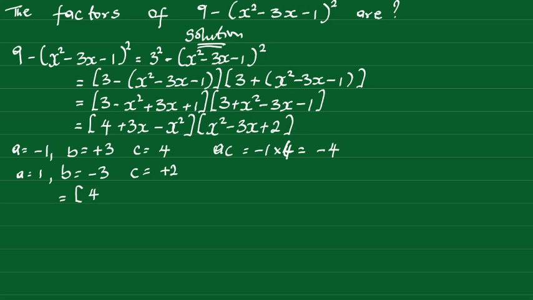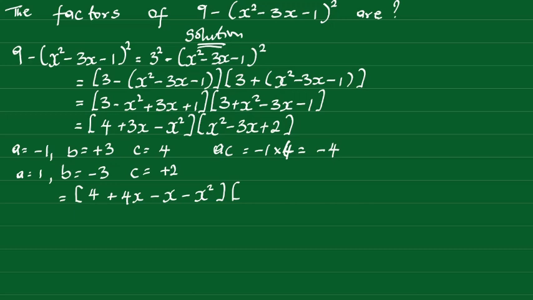These two factors are plus 4 and minus 1, because plus 4 times minus 1 gives us minus 4, while plus 4 plus minus 1 gives us plus 3. Hence, we end up having 4 plus 4x minus x, which is the same thing as minus 1x minus x squared. That's in our first bracket.